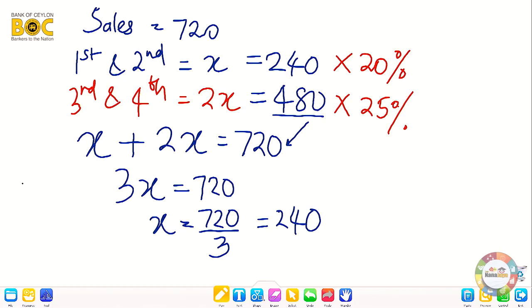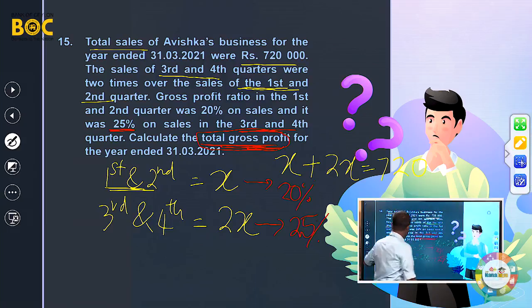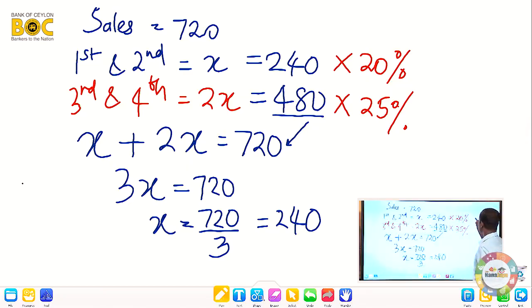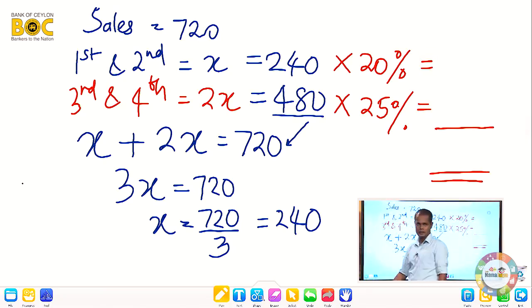The gross profit in the first two quarters is 20%, and in the second two quarters 25%. You can calculate the gross profit and get the total gross profit.